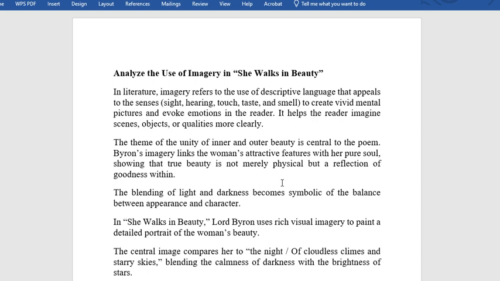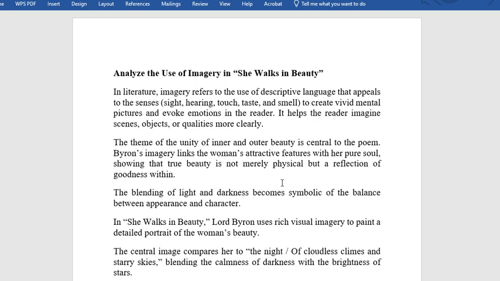It helps the reader imagine scenes, objects, or qualities more clearly. When you are reading some literary works and you are feeling as if you are seeing the picture of what you are reading, that means we have the use of imagery in such a literary work. So that is what we are trying to explain here.